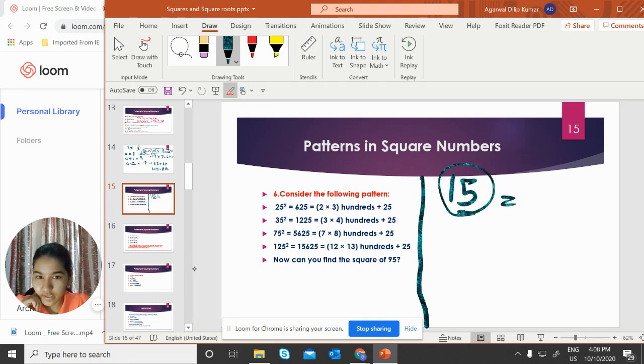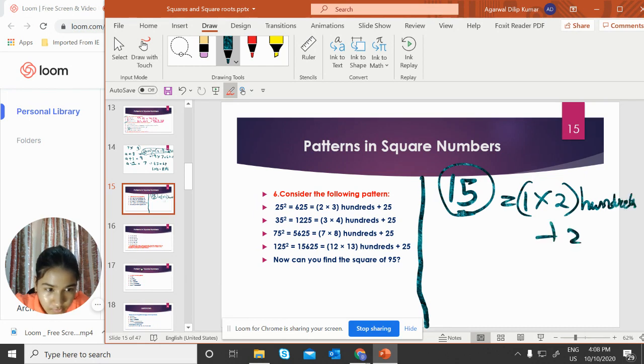So it will be equal to the product of the first number and its successor. This is 1. Successor of 1 is 2. It will be the product of it, 1 into 2, hundreds plus 25.